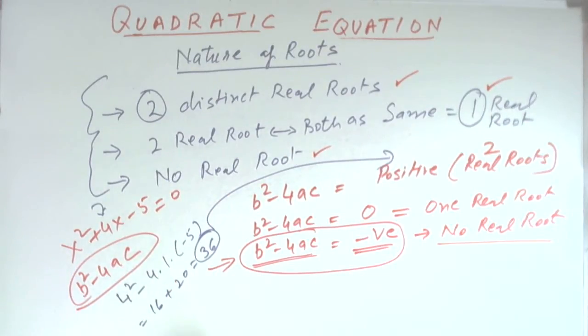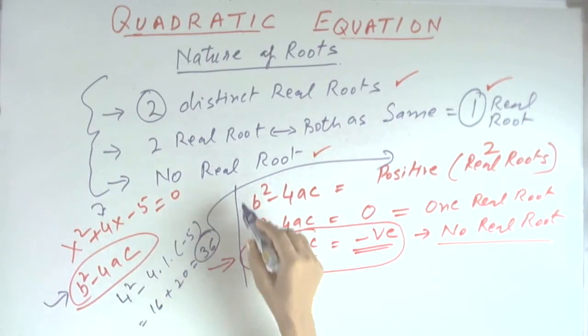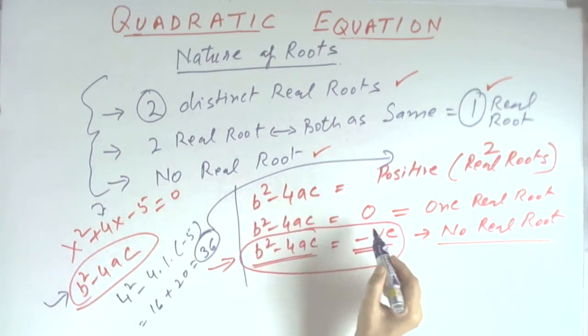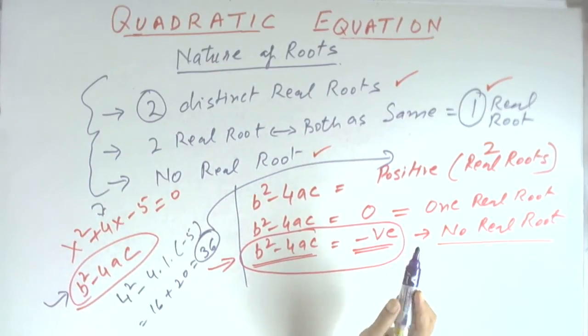So whatever is the given quadratic equation, we just determine b square minus 4ac, and then based on this relationship which we have been given here, if it is 0 then only one root, if it is negative no real root, and if it is positive then two distinct real roots.